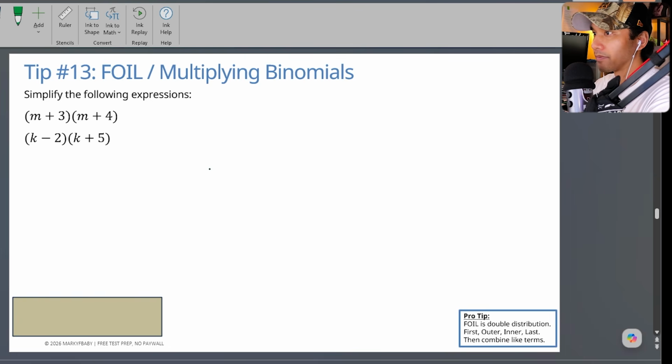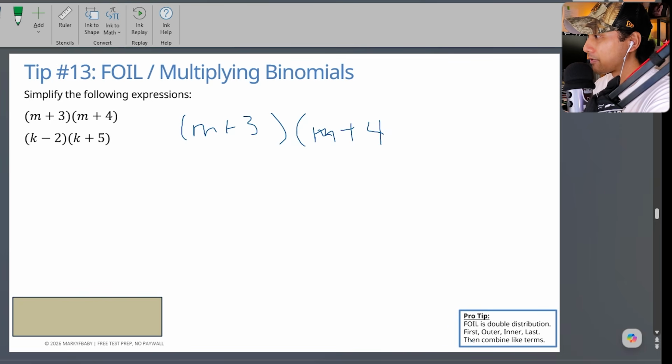Let me demonstrate. m plus 3, m plus 4. I'm sure you've heard of FOIL several times. It stands for first, outer, inner, last. I guess it makes sense, but this is what's happening.